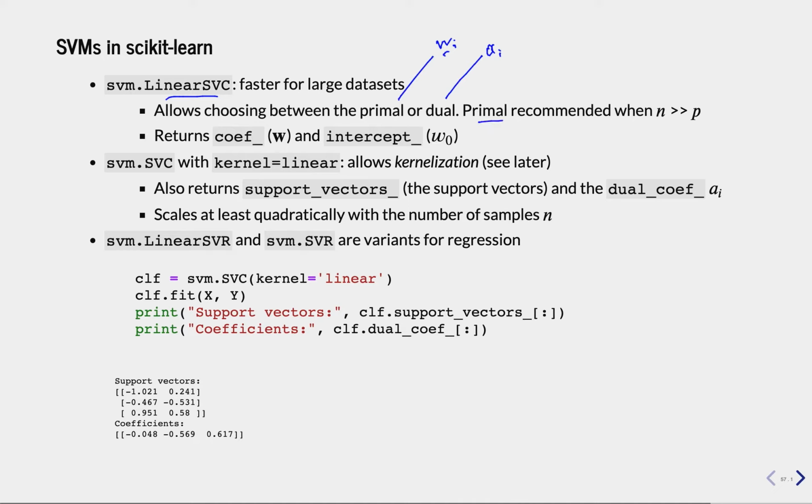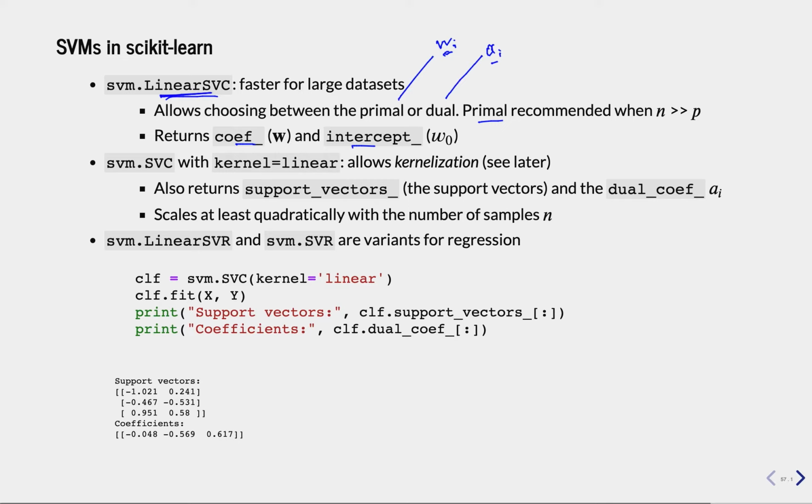Because then you have to learn much fewer weights. If you have 10,000 data points, you would have to learn 10,000 dual coefficients, right? So in that case, the primal is easier to compute. This implementation does not return support vectors, it just returns you the coefficients and the intercept. So the weights and the bias.